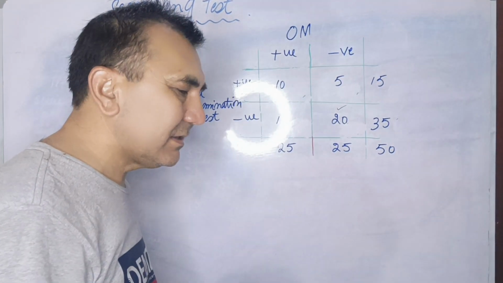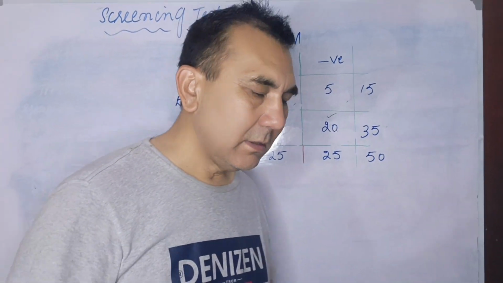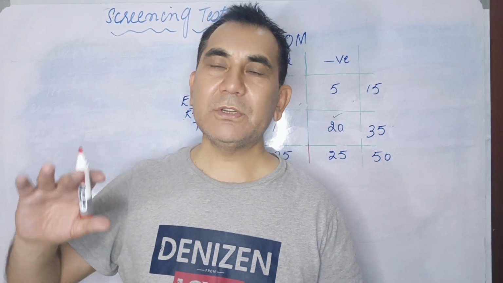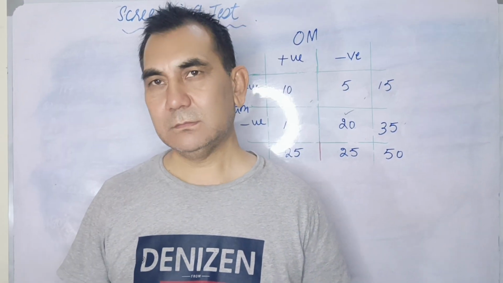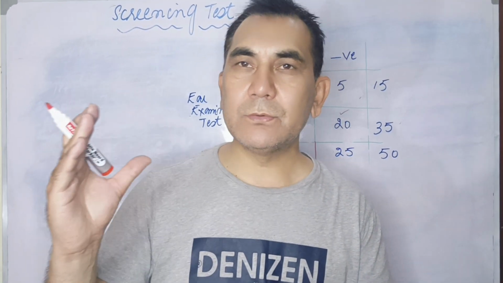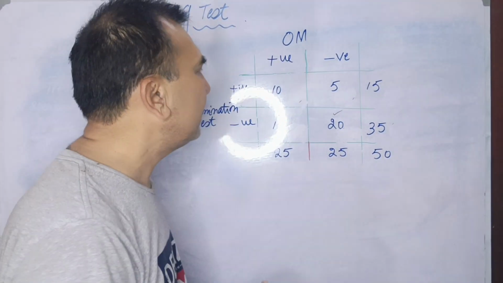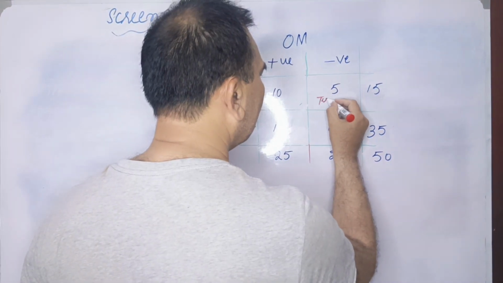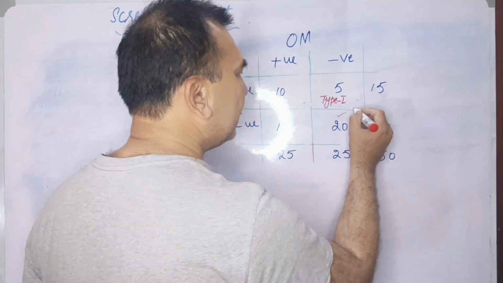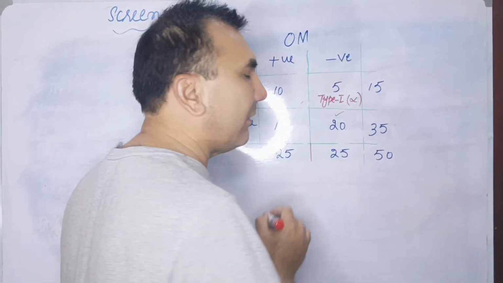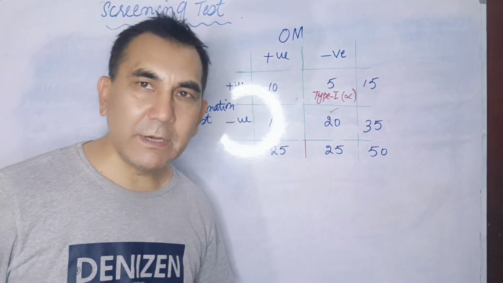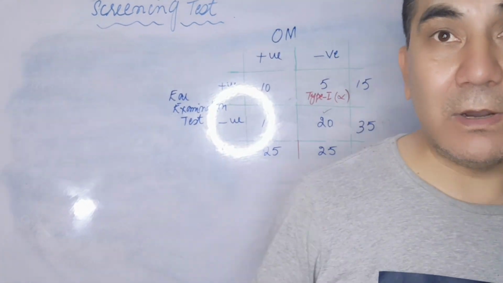In other words, the null hypothesis is correct, but you reject it. Even though the null hypothesis is correct, you are rejecting it. This is called the type 1 error. Okay, and this type 1 error is also called alpha.